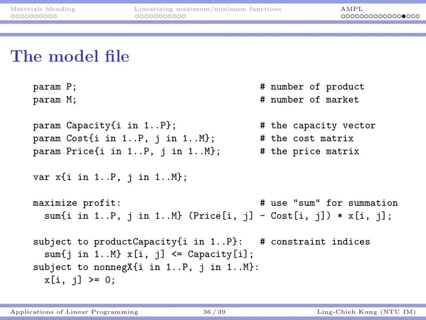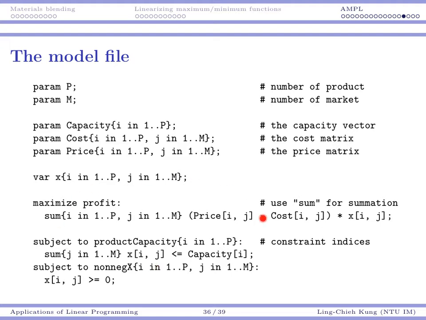For cost and the price, they are matrices because they have two indexes. They are two-dimensional values. Okay, then in that case, the syntax is that I have i as the first dimension, j as the second dimension, and for products, I have 1 to P, and for markets, I have 1 to M. Okay, and I separate them with a comma.